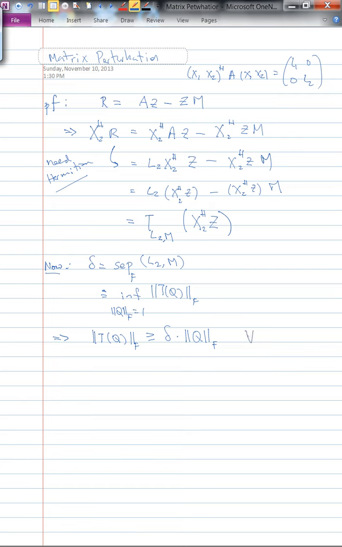So this is true for any Q. This is an immediate implication of the above. So what are we going to apply? Let's let Q be equal to x2 Z. So what does that tell us? That tells us that delta times x2 Z is less than or equal to T of Q.